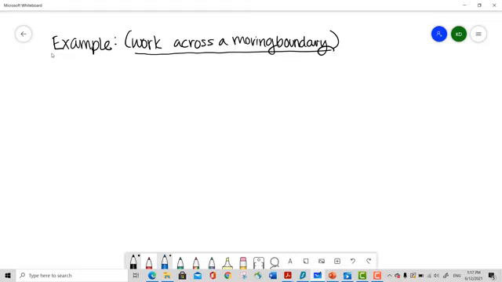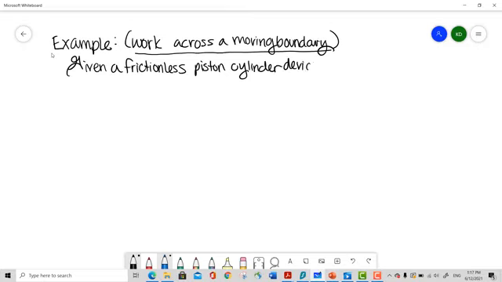So here is our problem. Given a frictionless piston cylinder device which contains water vapor.